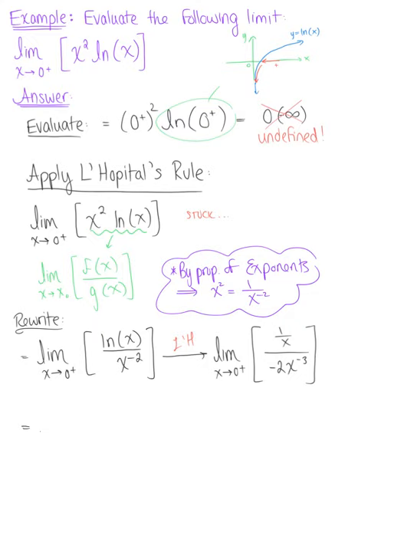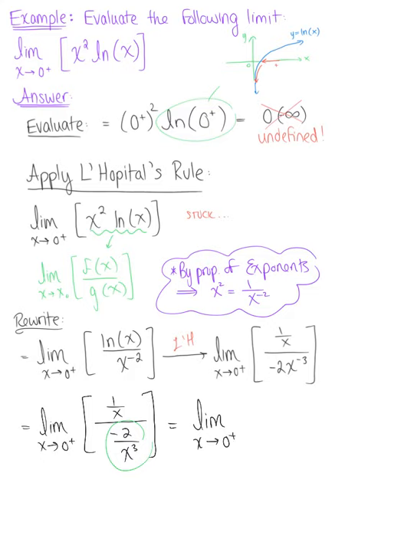So let's see, we have the limit as x is approaching 0 from the right of 1 divided by x all over negative 2 divided by x cubed. And we know that fractions in the denominator will flip, so we can multiply by the reciprocal. This is the limit as x is approaching 0 from the right of 1 over x multiplied by negative x cubed all over 2.